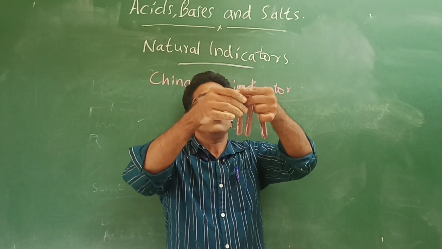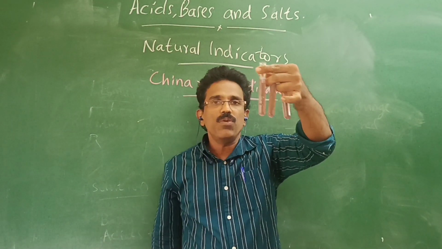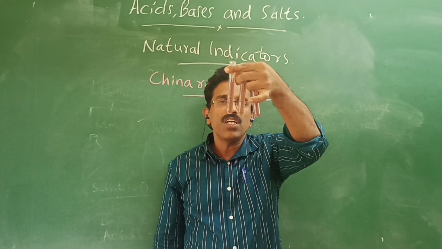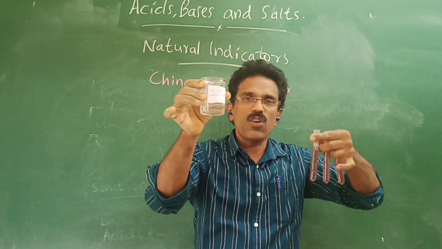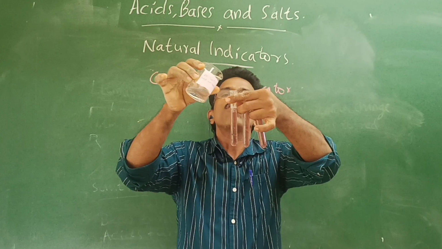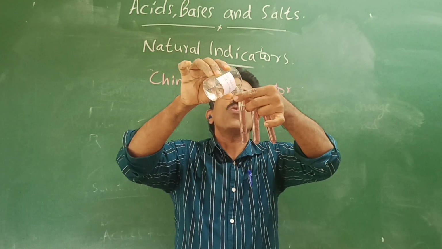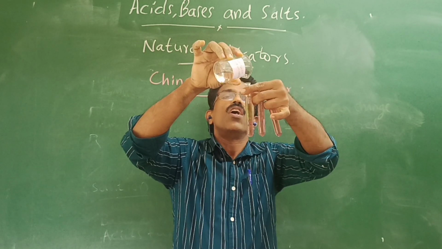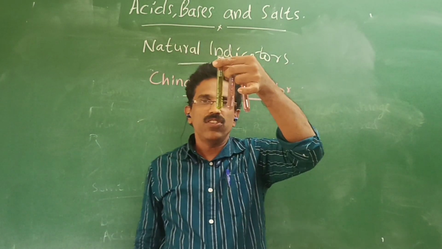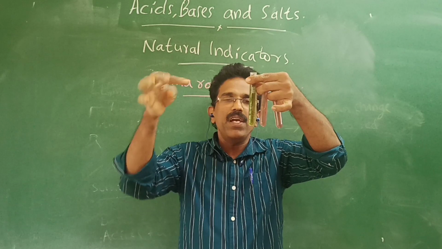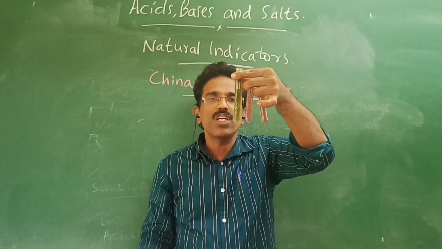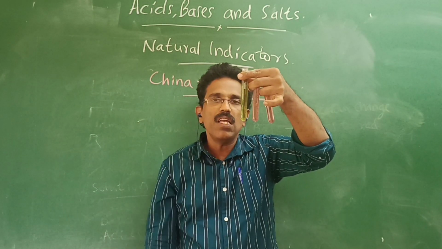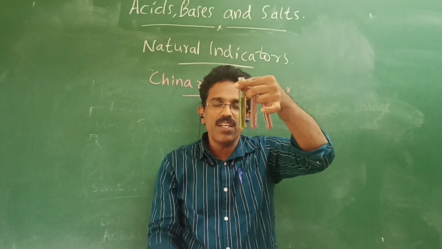See, there are three test tubes. These three test tubes contain China-rose solution. Sodium hydroxide solution. Add sodium hydroxide solution into one of them. See the color change. When a base is added into China-rose solution, the color becomes pale green, you can see.